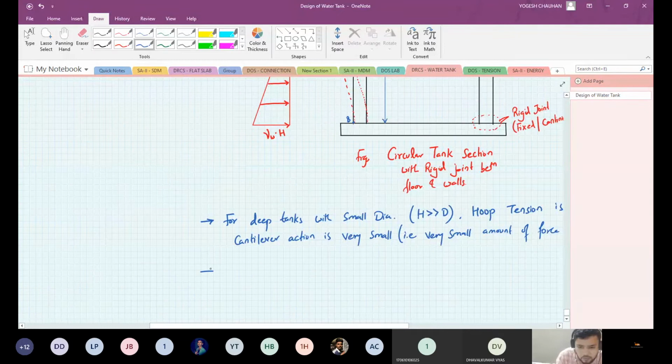Now, another case is for shallow tanks with large diameter. See, the deep tank will be like this: it is very deep and the diameter is very small compared to the depth.